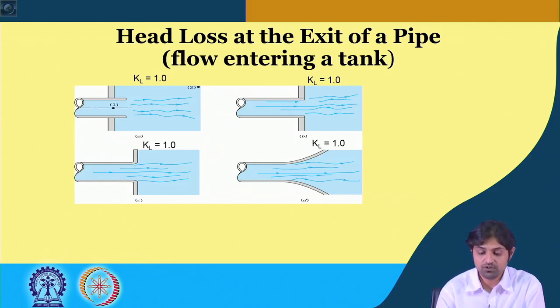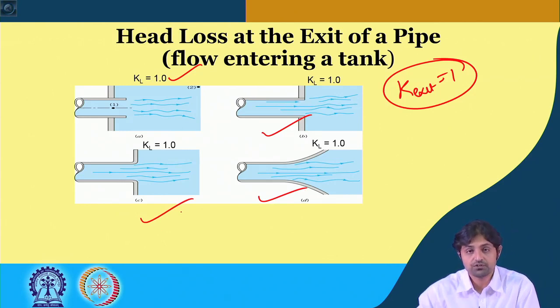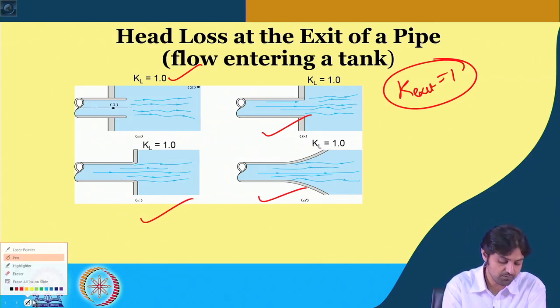Because the reservoir is so big, the whole velocity is going to be lost, right? So K exit is always going to be 1, remember that. Whatever this thing is, KL is always going to be 1.0, very easy to remember.